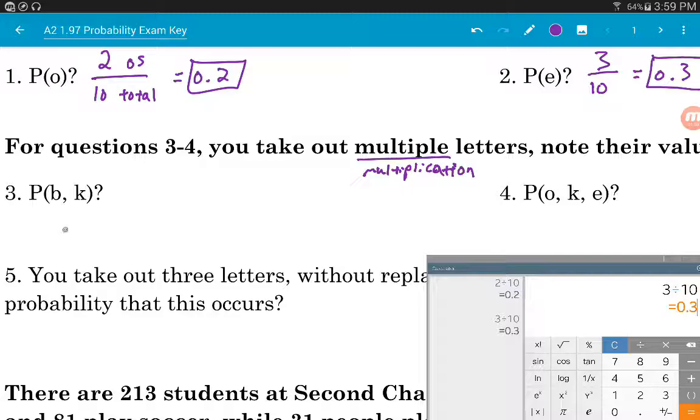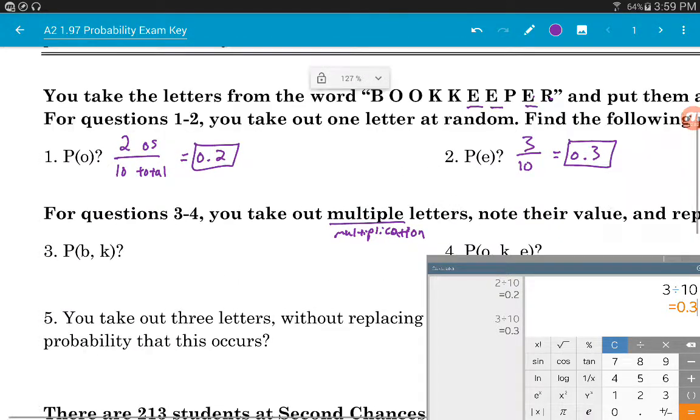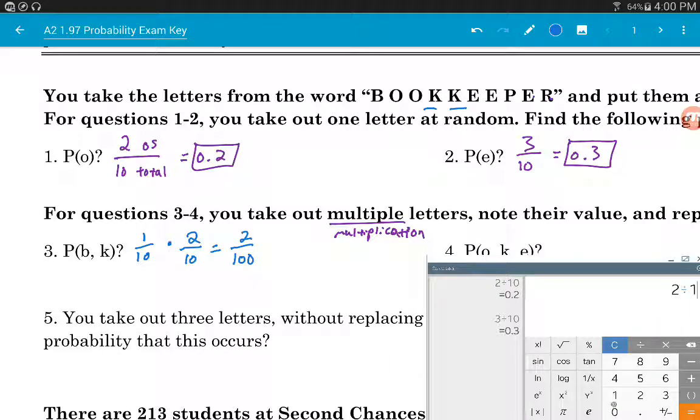So to get a B, there is 1 B out of 10 letters total, 1 out of 10 for the B, times K. Now K, there are 2 K's out of 10 total because I replaced the first one. Now, when I multiply those together, I get 2 over 100. 2 over 100 is 0.02.